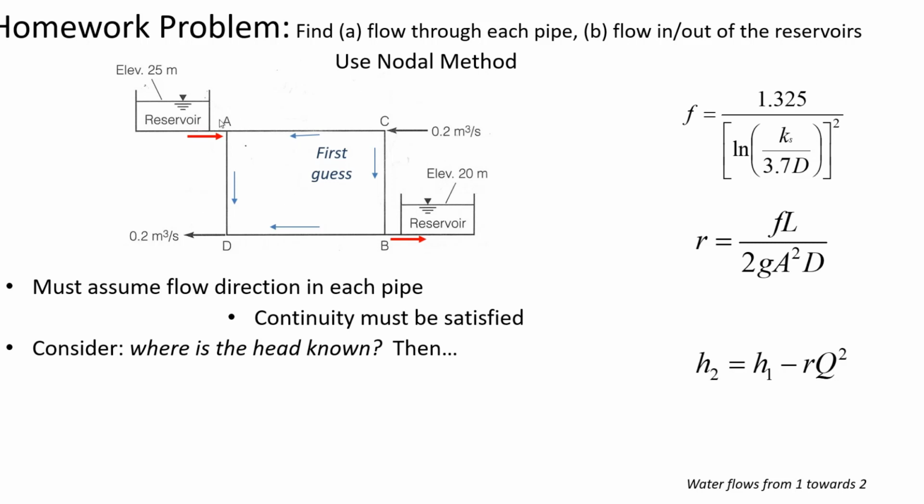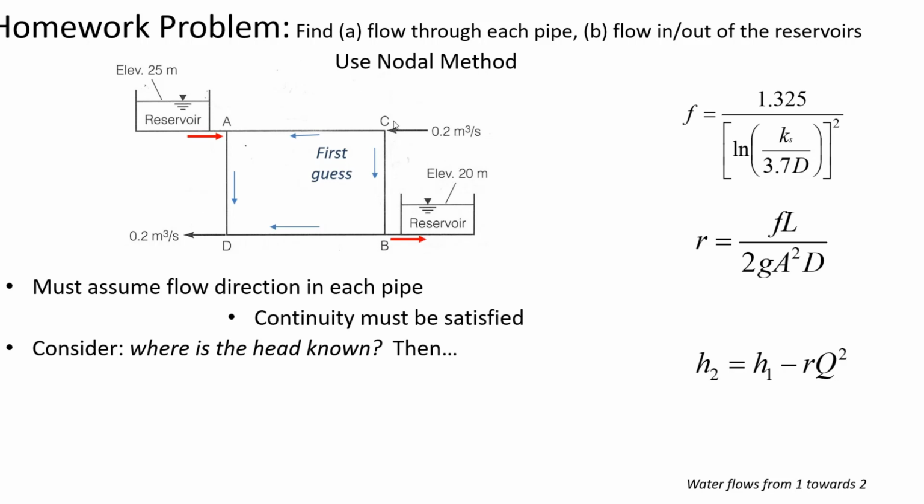Well, it's at least the head at A, because if the water's flowing from C towards A, that means there's less energy at A than there is at C. So the water wouldn't be flowing from C to A unless C had more head. So according to this assumption, we're going to say the head at C is the head at A plus the losses through pipe AC.